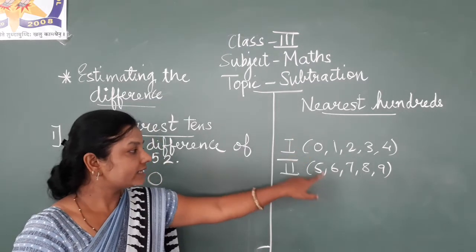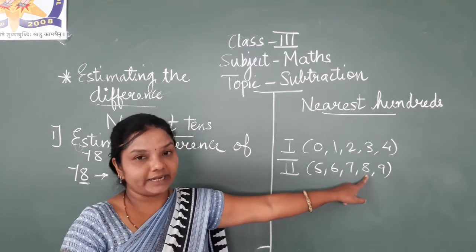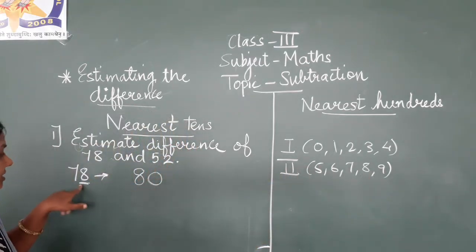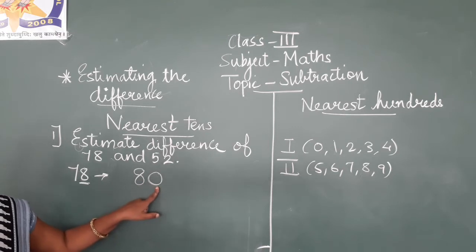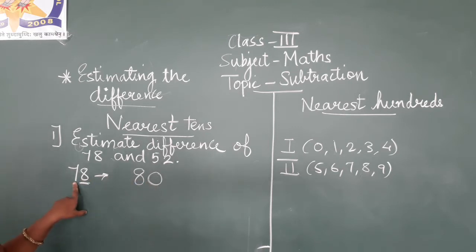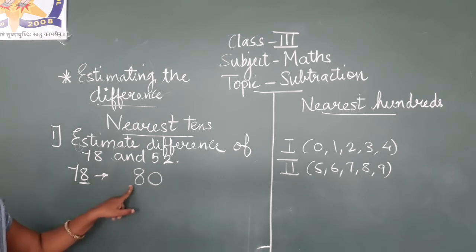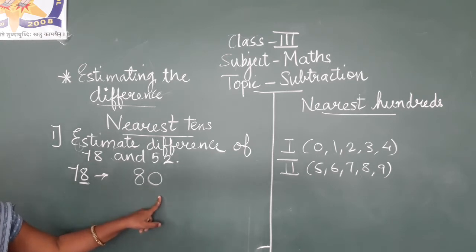Yes, it is in second group. Here it is 8. If it is in second group, then put 0 at its place and add 1 to the tens digit. Which is the tens digit? 7. If we add 1 to 7, it becomes 8. So it is 80. Understood?